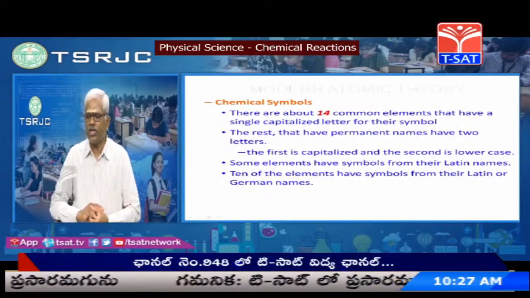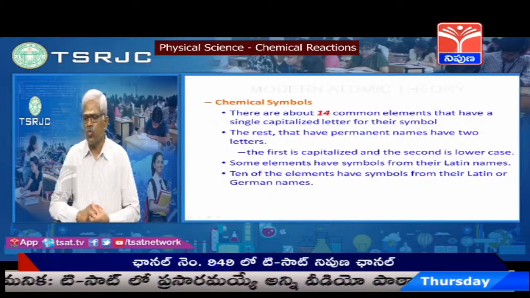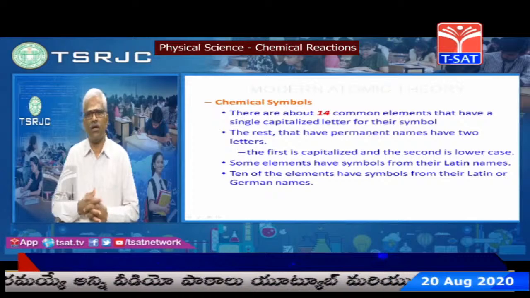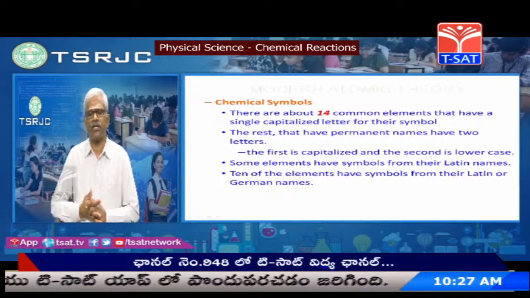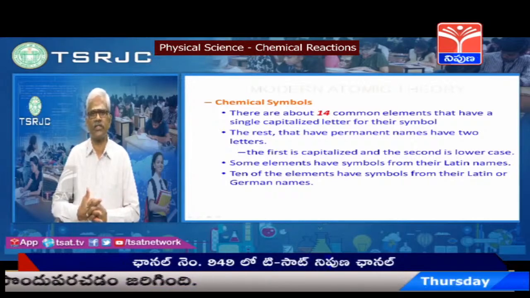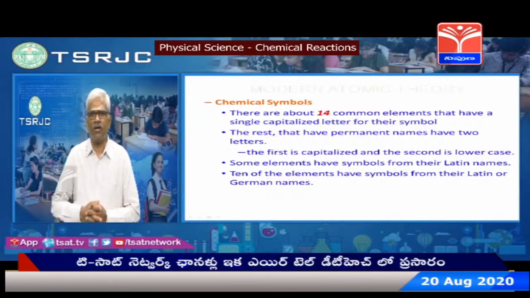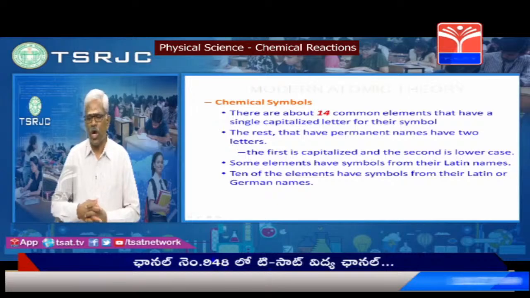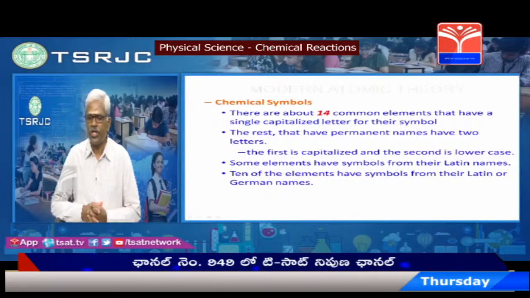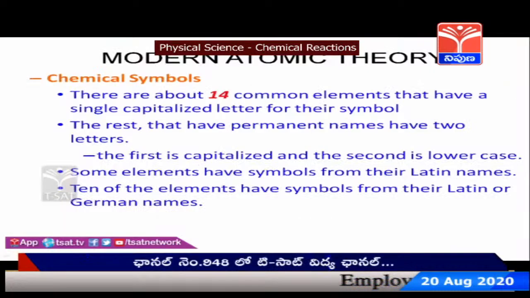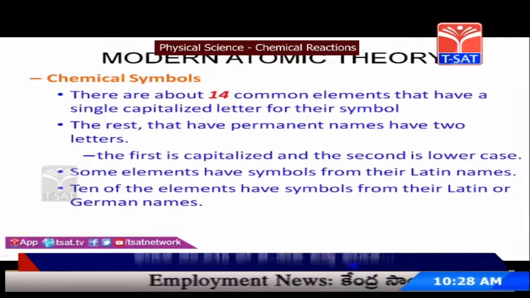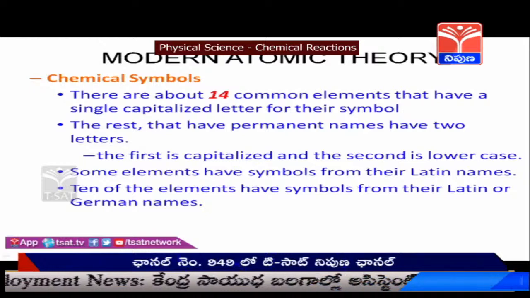There are about 14 common elements which were given single letters of the English alphabet, like hydrogen, carbon, nitrogen, phosphorus, vanadium, sulfur, tungsten, like that. So, out of 26 letters in English, only 14 are taken. Why don't we take the remaining 12 letters to name different elements?